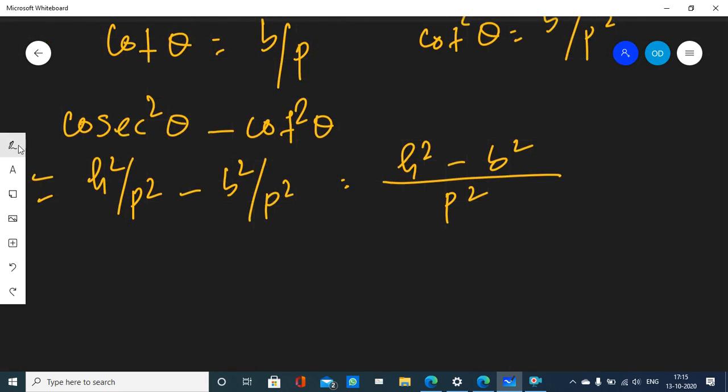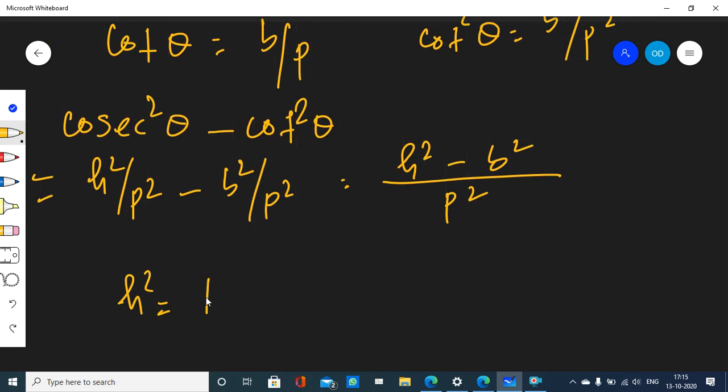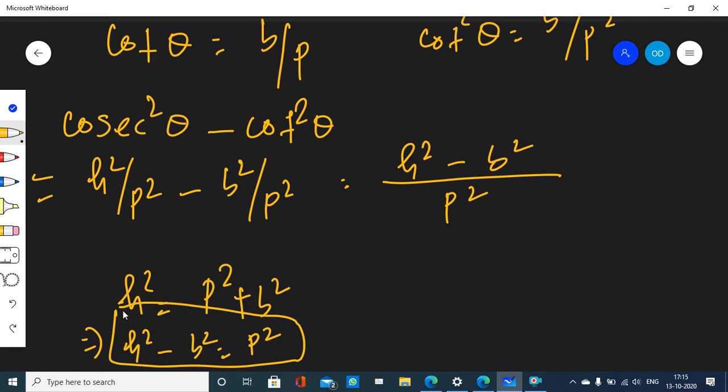Well, what did Pythagoras tell us? That h square is equal to p square plus b square. Then h square minus b square will be equal to p square. Pythagoras rule. I can simply replace the numerator by p square, and on the denominator there is p square. They cancel each other out, and we get 1.